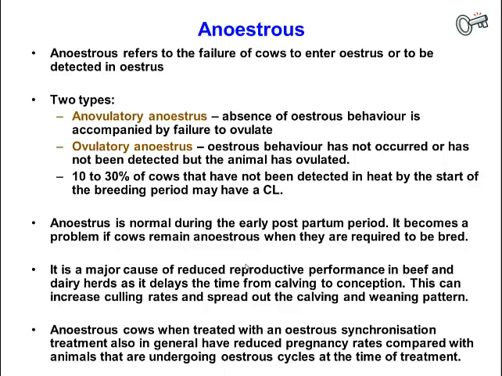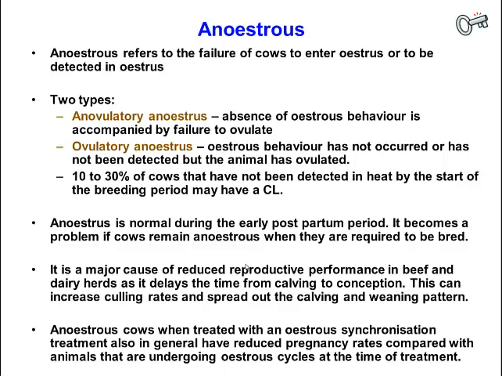So estrus behaviour has not occurred or has not been detected, but the animal has still ovulated. So two different types of anestrus: anovulatory anestrus, not ovulating, not showing signs of heat. Ovulatory anestrus, they are ovulating but they're still not showing signs of heat, or the heat's not being detected.